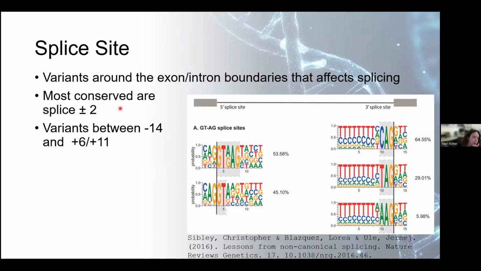So we have -14 on the 5' side and 6 or 11 base pairs on the 3' side of the exon, and any variant within this range might affect splicing. Again, usually the affected bases are within ±2 around the exon, because as you can see, this is the most conserved area.